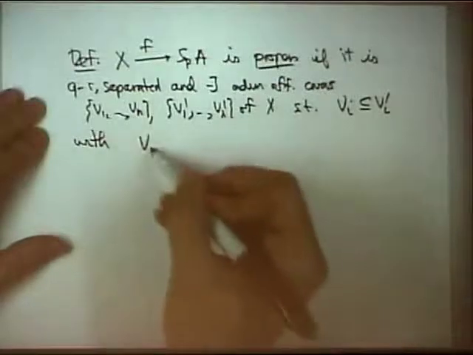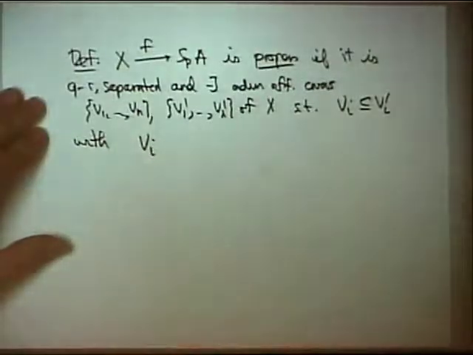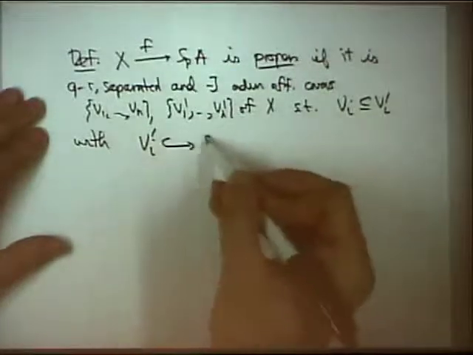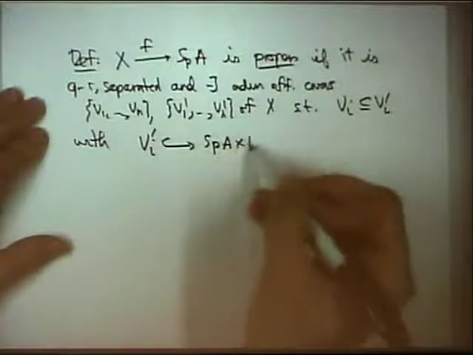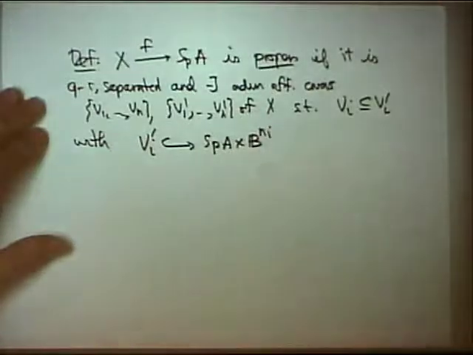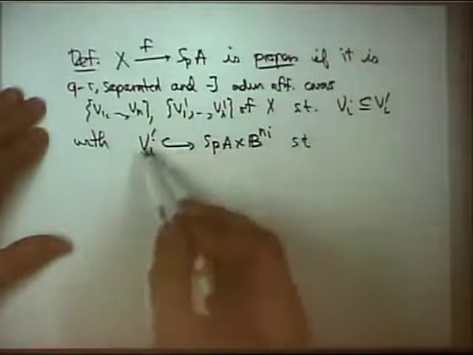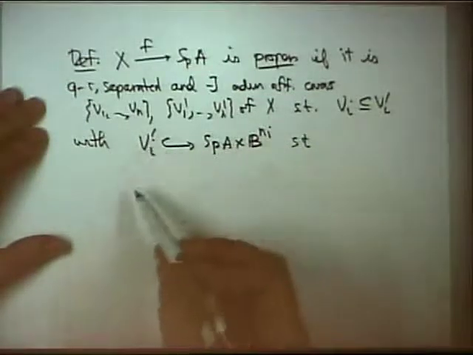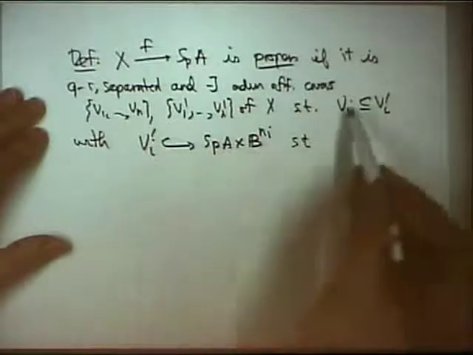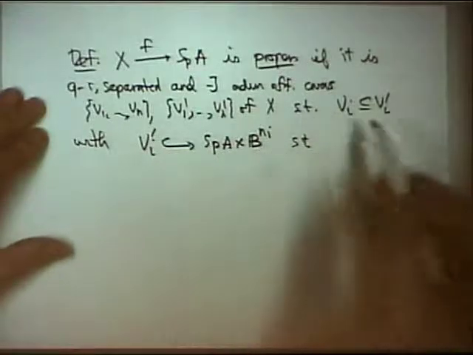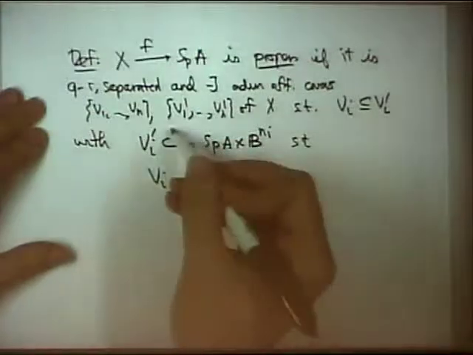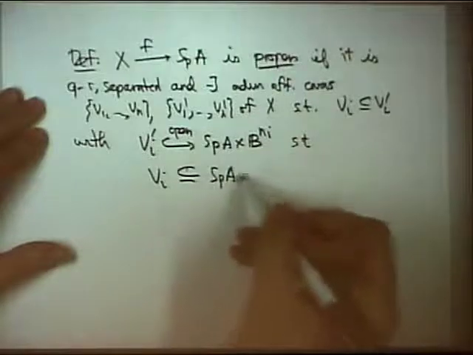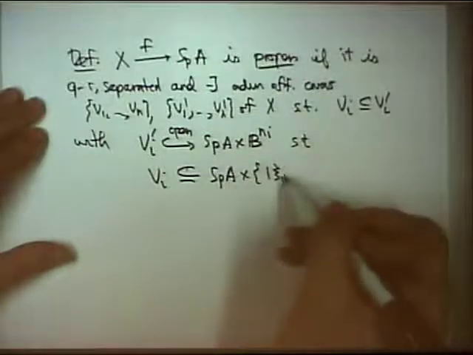I want that there's an embedding of Vi prime into the base cross some unit ball, which amounts to saying I want to express the coordinate ring of this as a quotient of a relative Tate algebra over the base ring, which I can certainly do, but I want to put this in here so that this smaller piece stays away from the boundary of the ball, such that Vi, which is supposed to be open, sits inside of the base cross a slightly smaller ball.